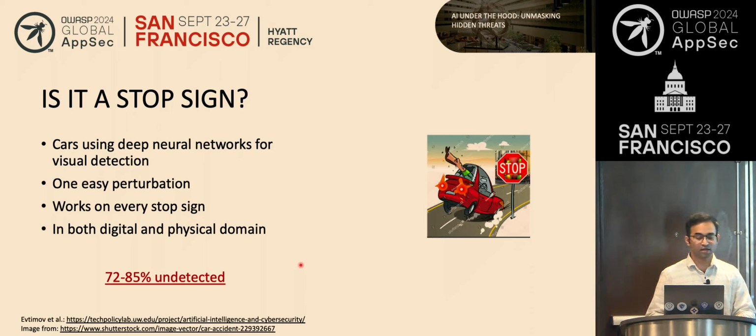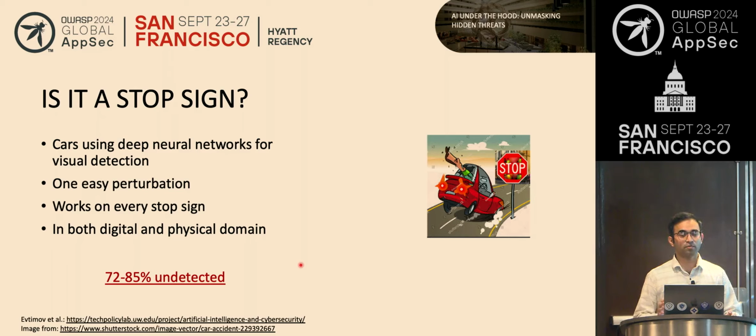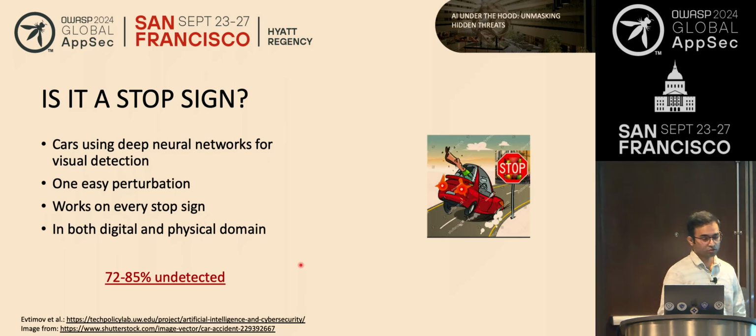It has been found in some research that just by perturbing or adding noise to the inputs, in some cases, one can make the cyber-physical system, in this case a self-driving or autonomous car, cause misclassification of the labels, as well as cause serious issues. These kinds of issues can arise in both the digital and physical domain.